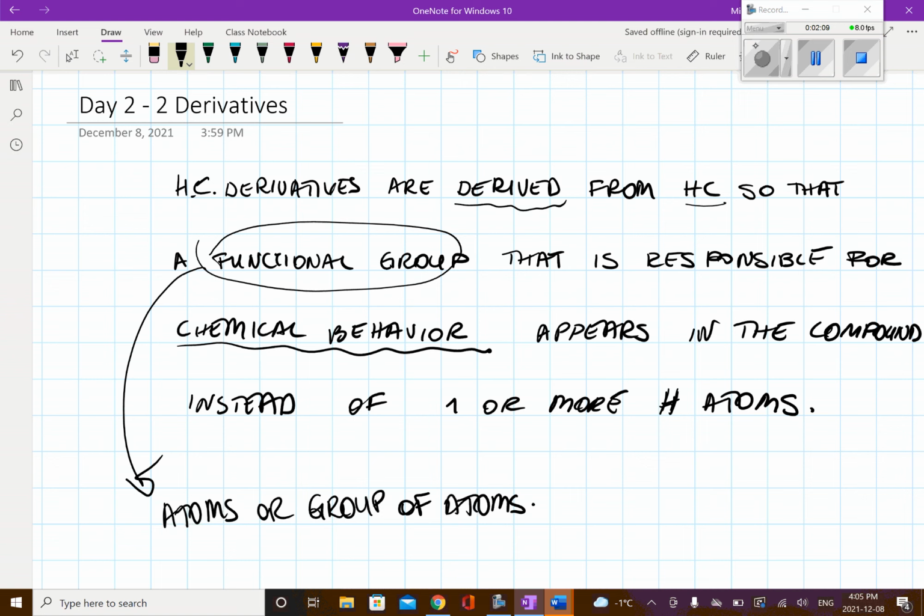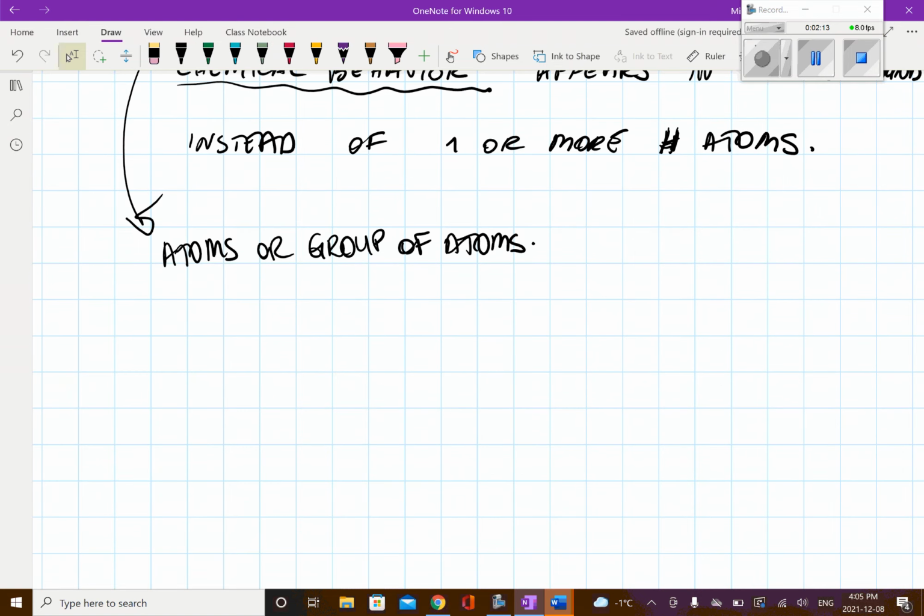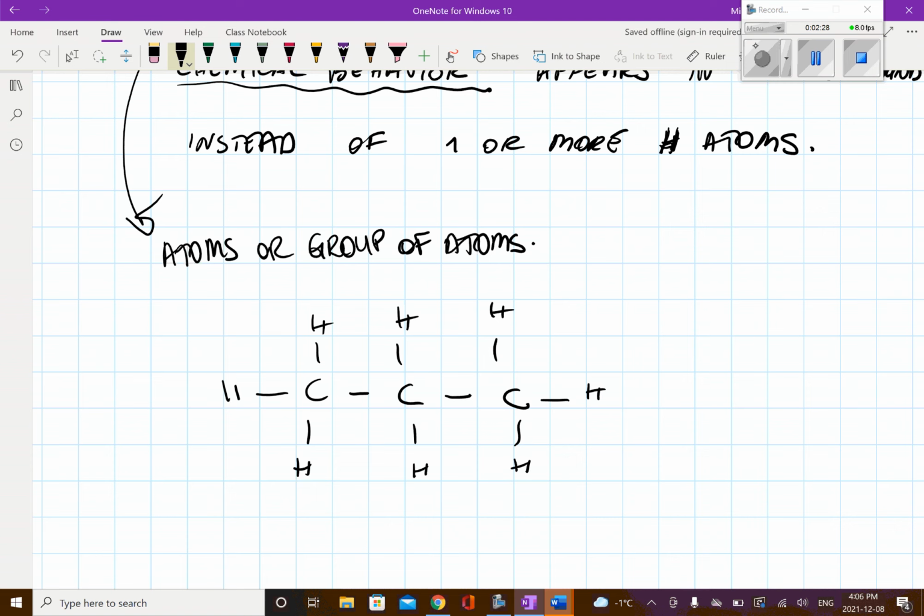So we know when we have a hydrocarbon molecule, we have a carbon, and then we have hydrogens here, hydrogen, hydrogen, hydrogen, and so on. A derivative of this will be something like, instead of this hydrogen here, you have a functional group.